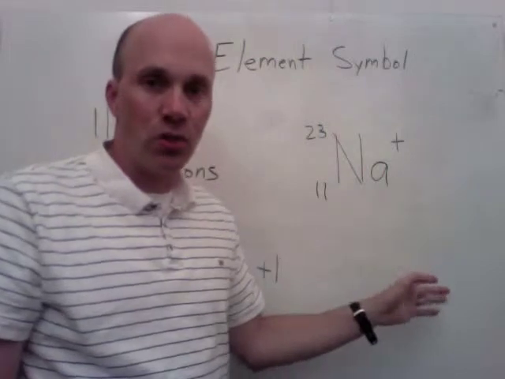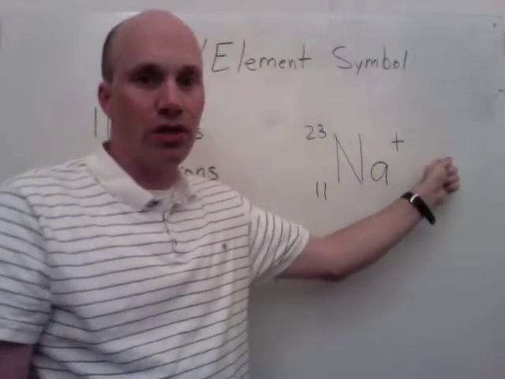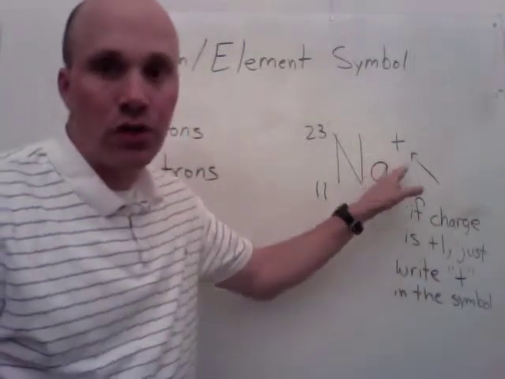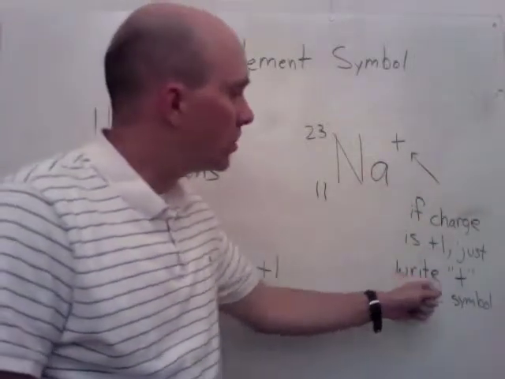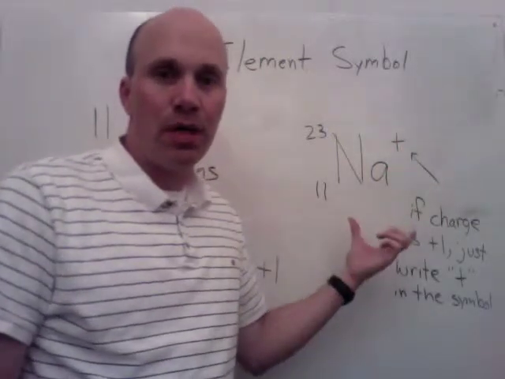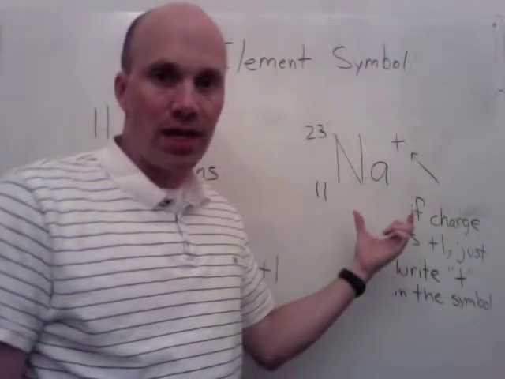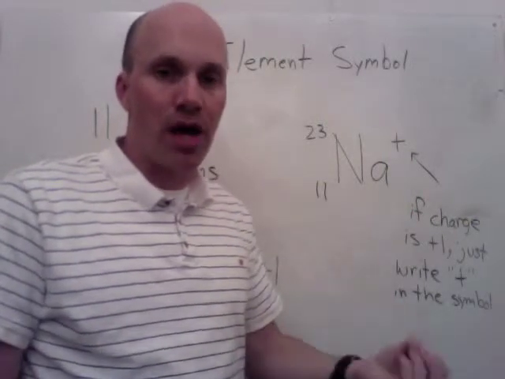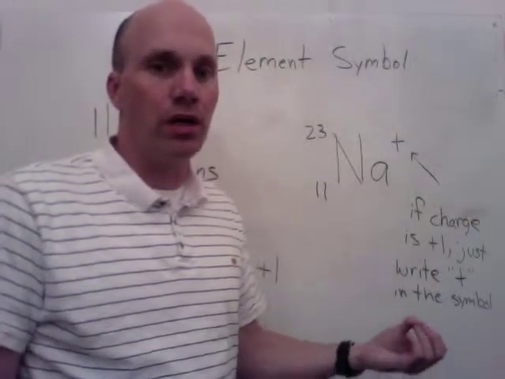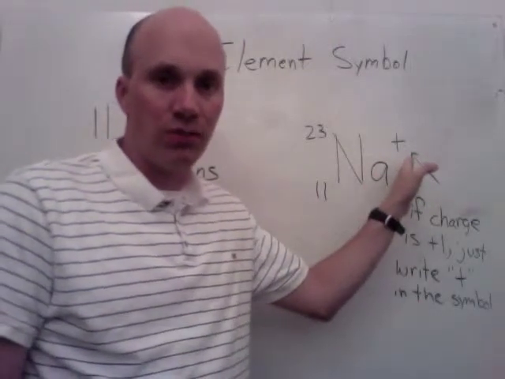But if the charge is only positive 1, you just put the plus, you don't put the number next to it. So if the charge is plus 1, you're just going to write a plus when you're putting the charge in the symbol. Keep in mind, if I were to show you this atom and say, what is the charge on this atom? You would have to say positive 1 or plus 1. All right? It's just that when you're drawing that charge in the symbol, you just put the plus.